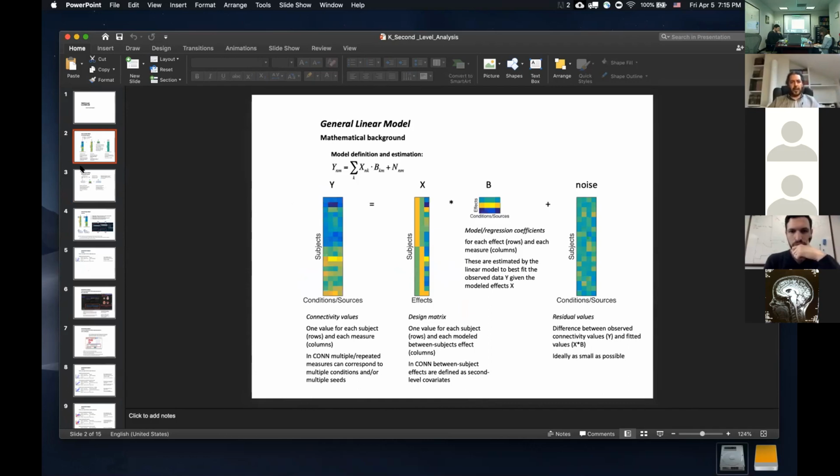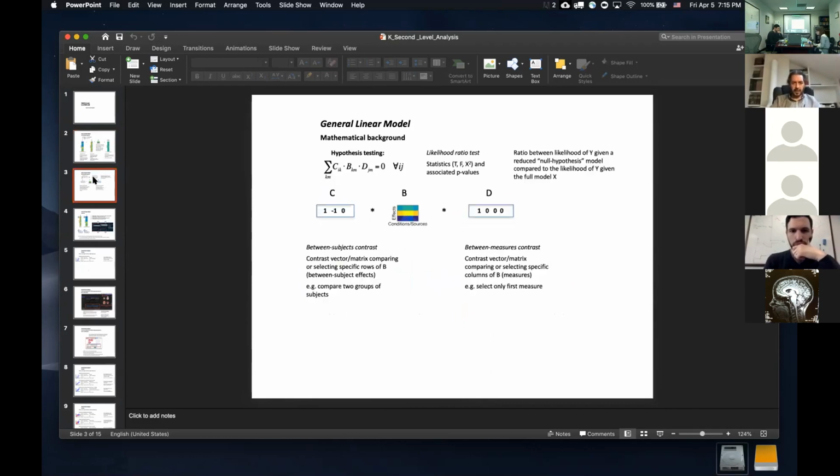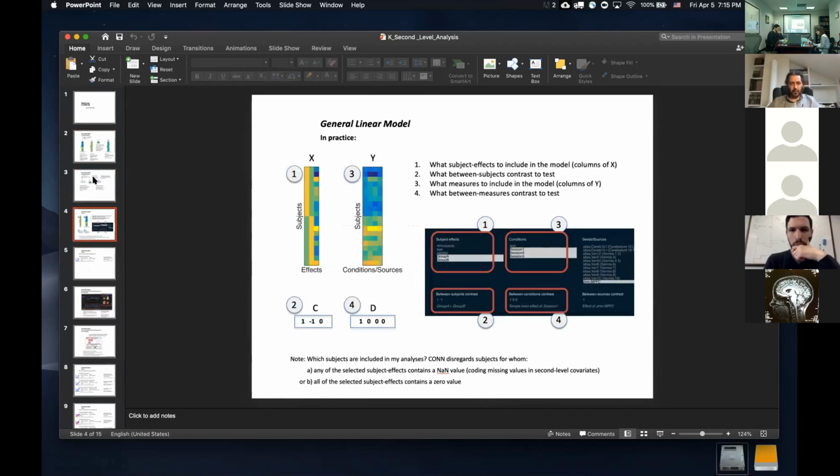Before I start, do you recall vaguely the talk about the GLM analysis where I was talking about the 4 things that you need to specify for a second level analysis, which go hand in hand with the things that we specify in our configuration files? First, you have to specify which columns, what effects, go into your design matrix. This X is the design matrix, Y is the data, right?